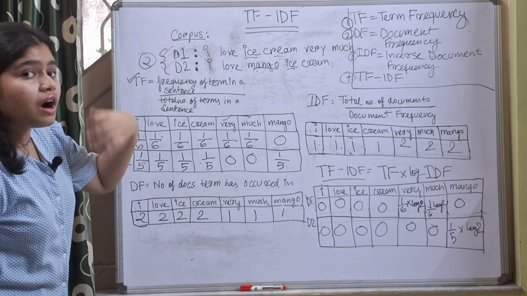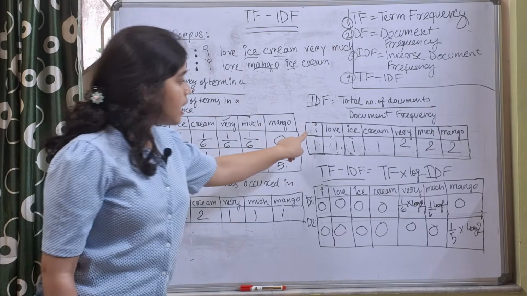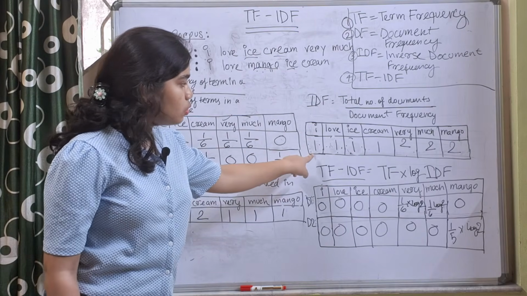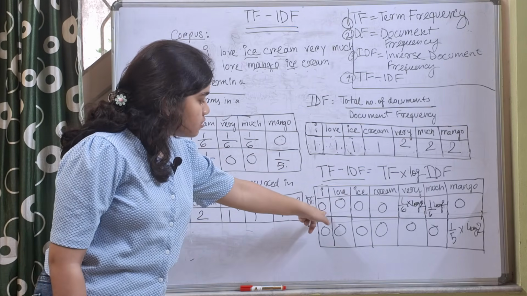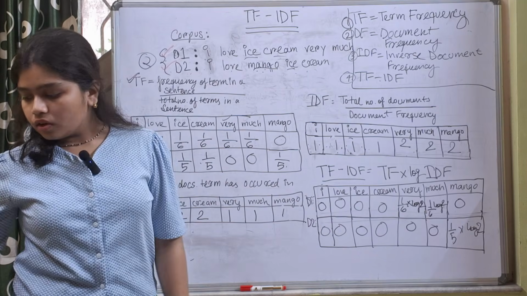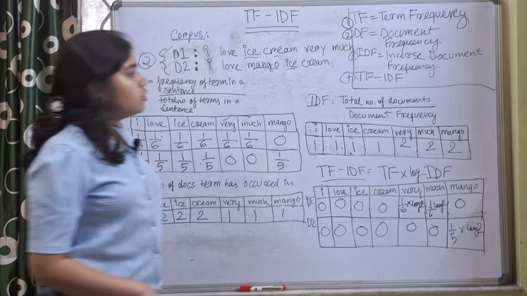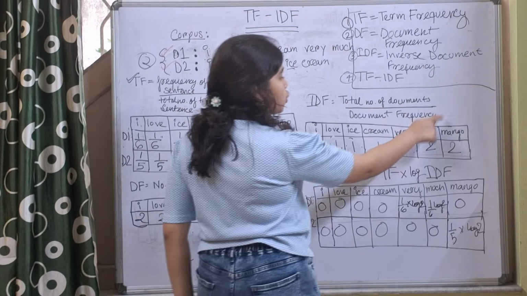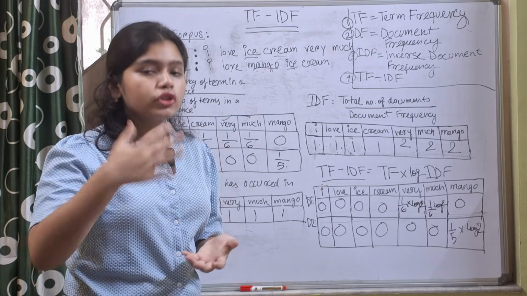Now what can you infer from this TF-IDF table? For "I", the IDF value is lower than the others, so it has a low TF-IDF value as well. Because in IDF you have document frequency. The more document frequency you have, that means your word is occurring in more documents.